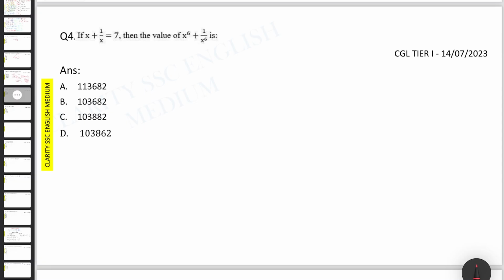Similar question. First, solve x cubed plus 1 by x cubed. What will be the value of the cube? It's nothing but 7 cubed minus 3 into 7. That means 343 minus 21 is 322.